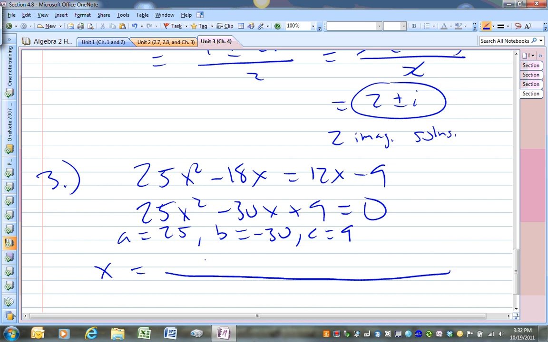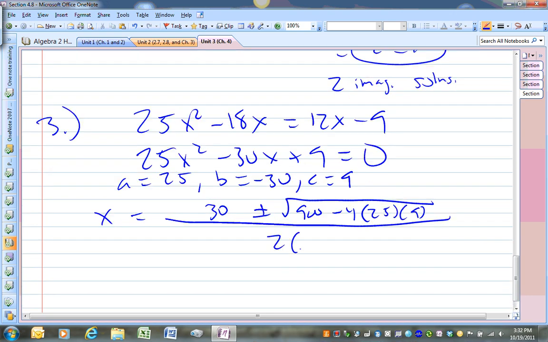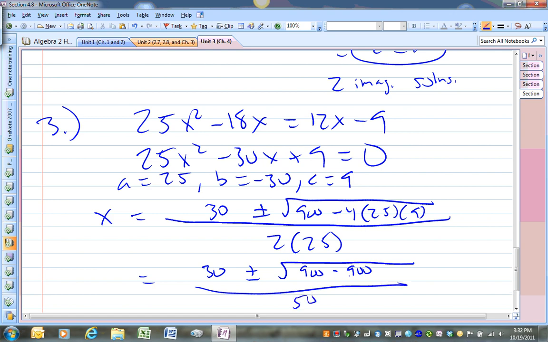So negative b, which would be 30, plus or minus the square root of b squared, 900, minus 4 times 25 times 9, all over 2a. 30 plus or minus, and let me think here, that'll be 900 minus 900, over 50.